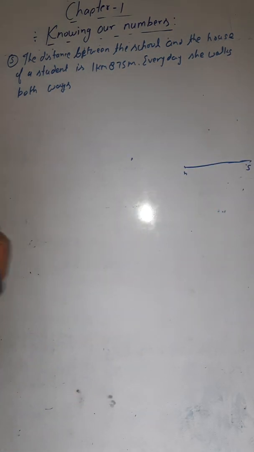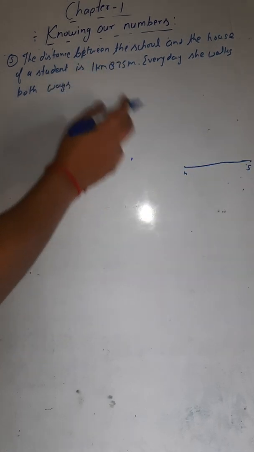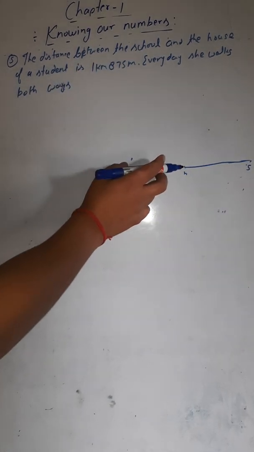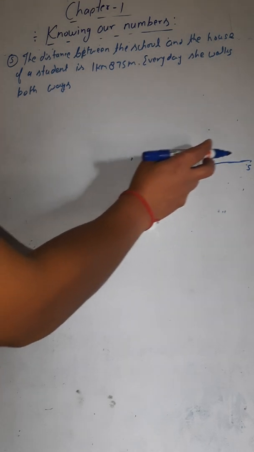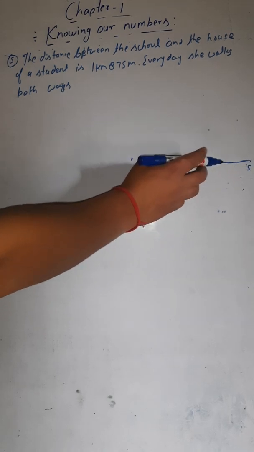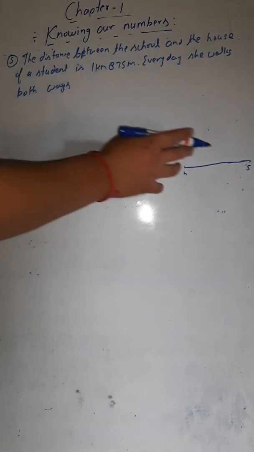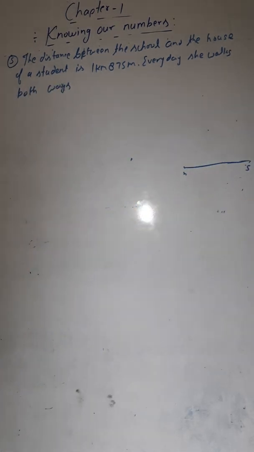Means morning time going from house to school, 1 kilometer 875 meter, then again the same distance, 1 kilometer 875 meter coming back also. Okay, means she is going both ways.